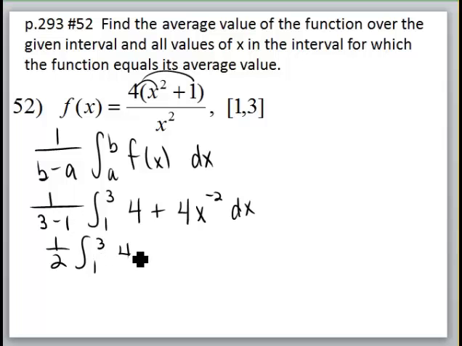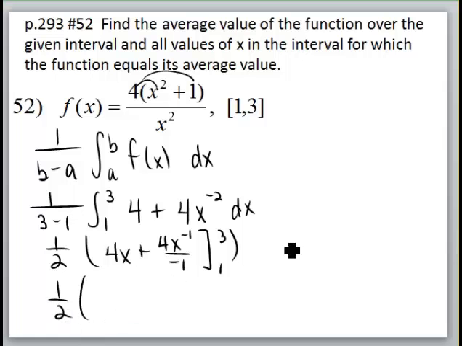I'd have 4x, wait, I didn't mean to write the integral in front of it because I am integrating. So let's say 4x plus 4x to the negative 1 over negative 1 from 1 to 3. So that's going to give me the answer of 4x minus 4 over x from 1 to 3.